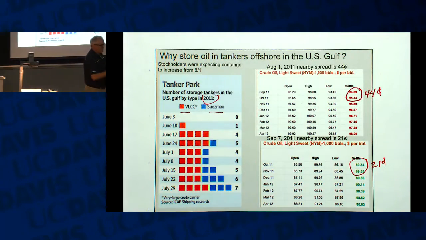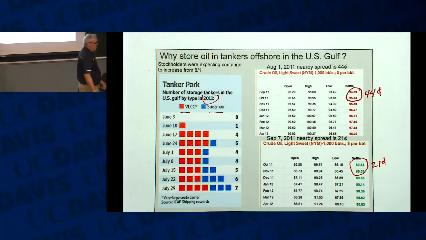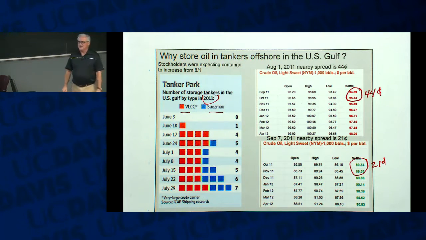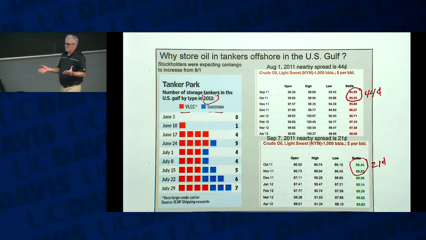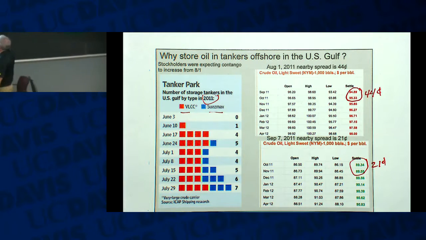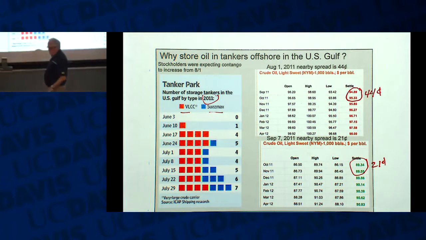So that kind of answers your question, Jan. These firms are not fly-by-night. These are large companies. If you own a super tanker, you obviously know what you're doing. They thought the contango was going to steepen, and so they parked these tankers out in the Gulf, and actually the futures curve flattened.